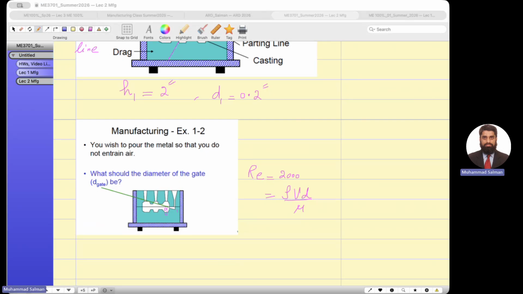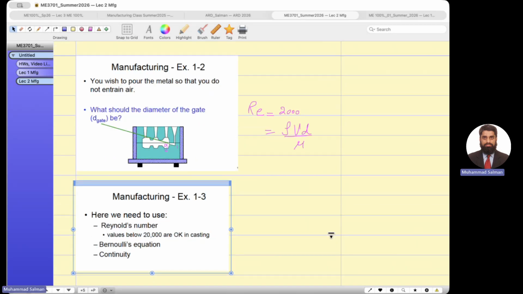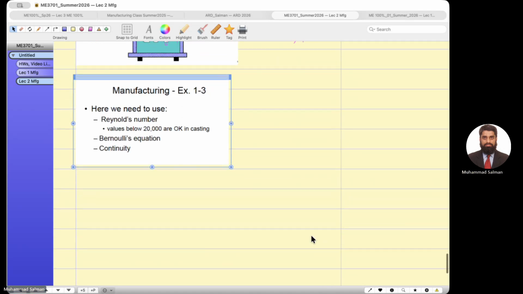Let me copy some further parameters like density. Values below 20,000 are okay in casting, but let's keep it at 2,000 for particularly laminar flow. Bernoulli's equation and the continuity equation, we already know these.